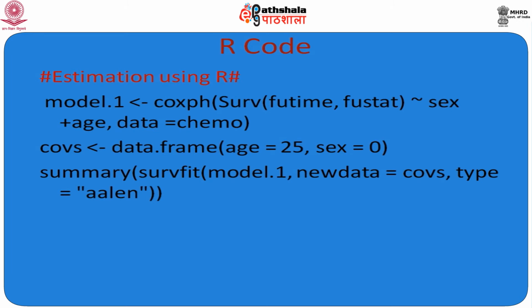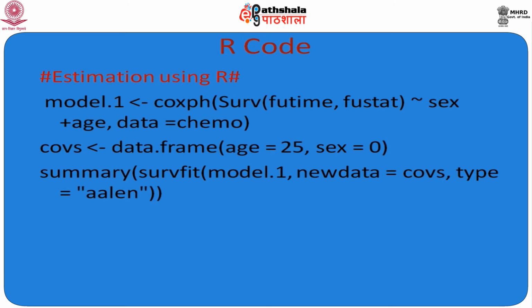So next we call the summary function. Into summary survfit we pass model.1, which we obtained by applying the function coxph in the first line. Thereafter we pass the new data, with age 25 and sex as female coded as 0, and we use the non-parametric estimate.